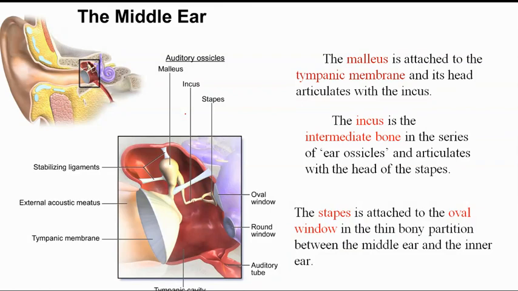And here the stapes is attached to the oval window, and this oval window is present in the thin bony partition between the middle ear and the inner ear.